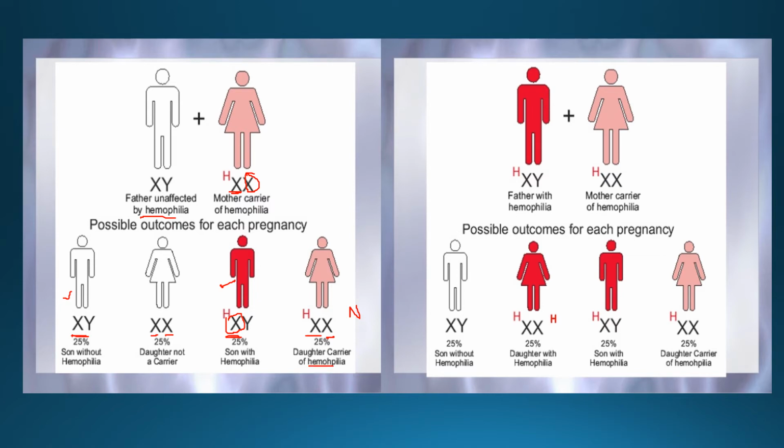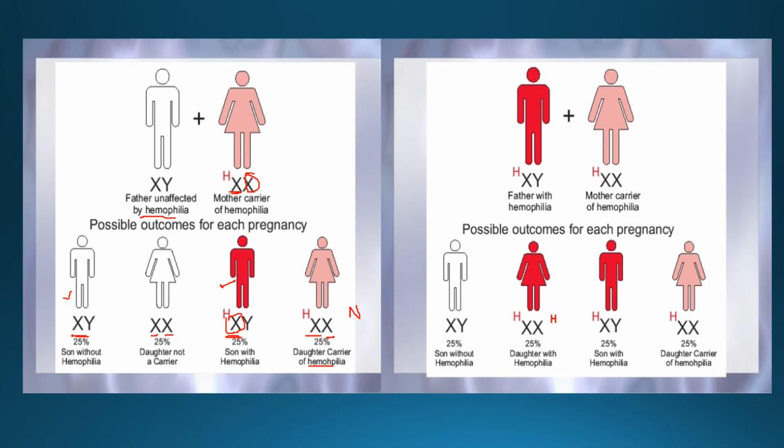So in this pedigree, where the father is normal and the mother is a carrier, 50% of the males are affected and the other 50% are normal. 50% of the females are normal and the other 50% are carriers. No hemophilia is seen in females if they are heterozygous.